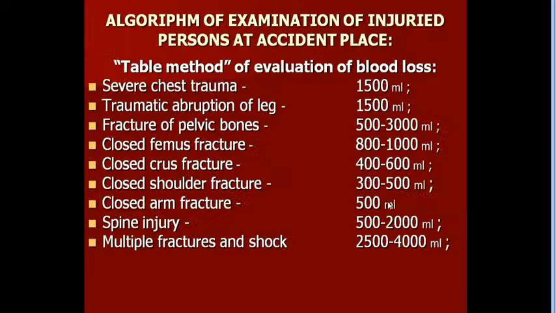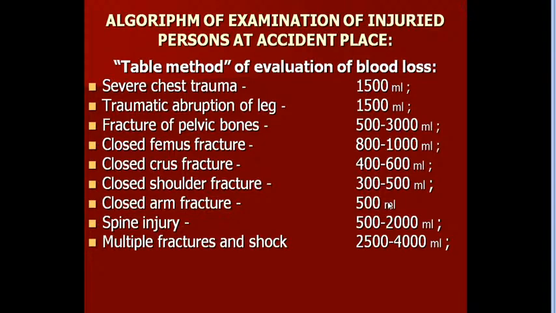Algorithm of examination of injured persons at the accident place. Table method of evaluation of blood loss. Severe chest trauma, traumatic avulsion of the leg: 1500 milliliters. Fracture of pelvic bones: 500 to 1300 milliliters.